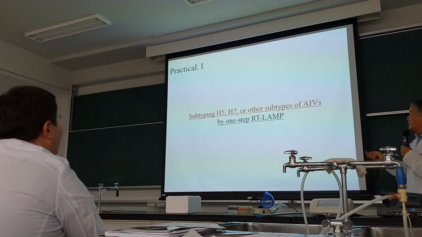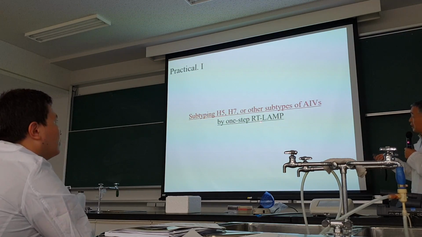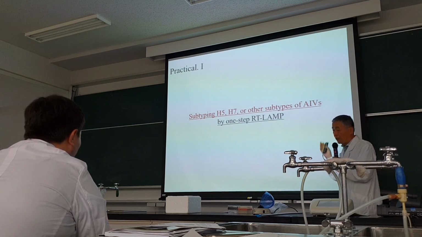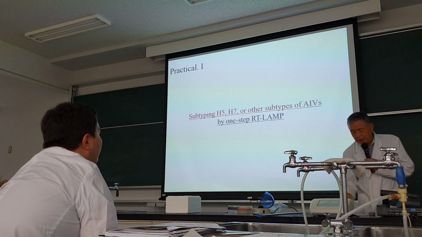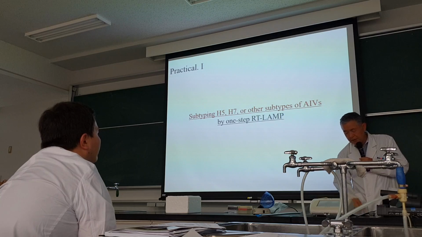Okay, and moving to the practical part, which is subtyping H5, H7, or other subtypes. I will briefly explain this one.